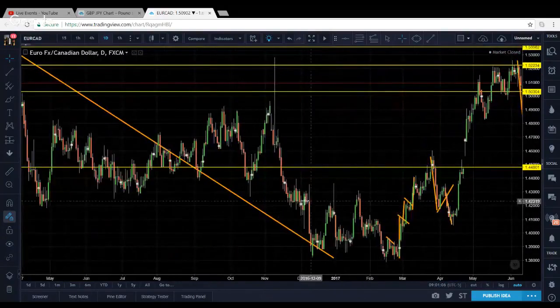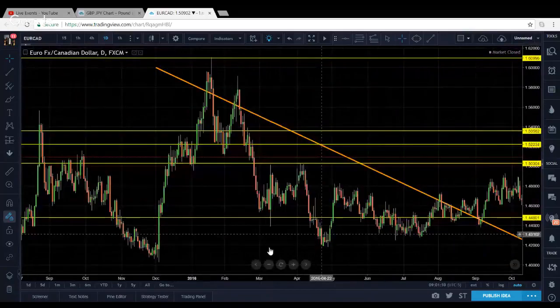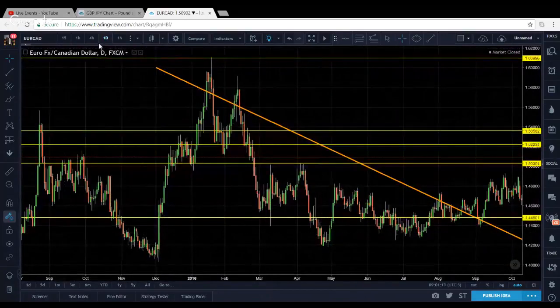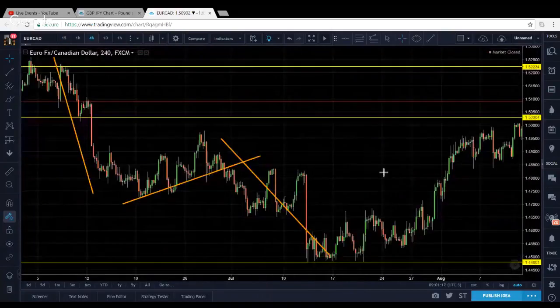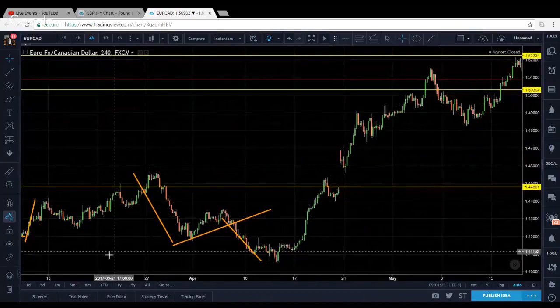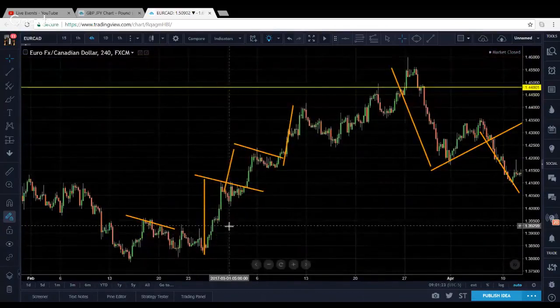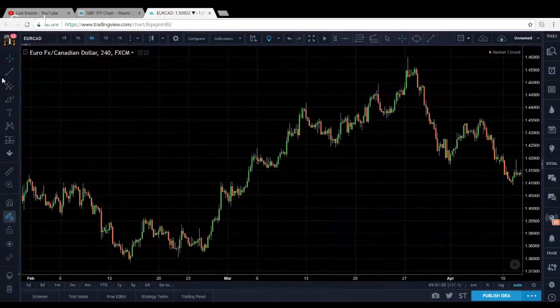Let me find you a bullish flag. So you have one right here. Let me go on a smaller time frame, see it better. Bullish flag. So perfect example right here.